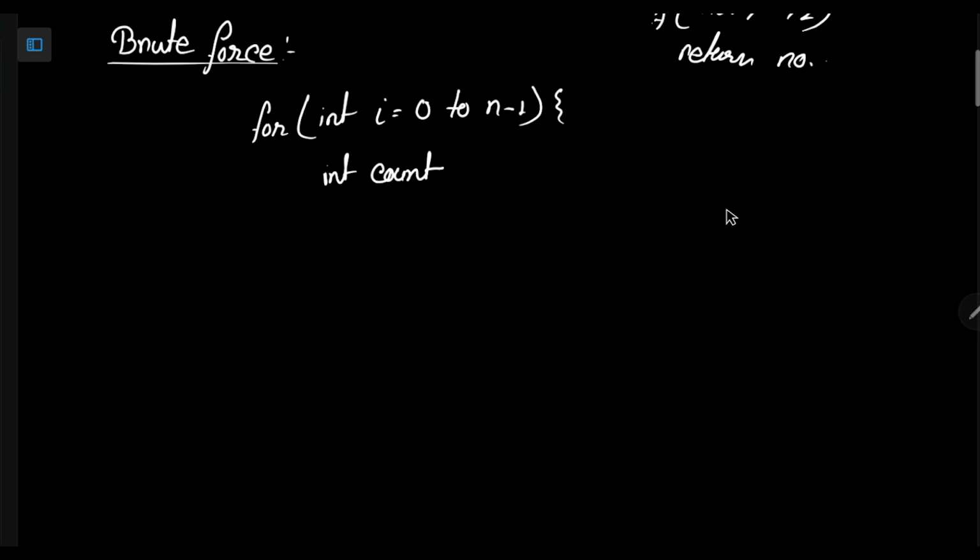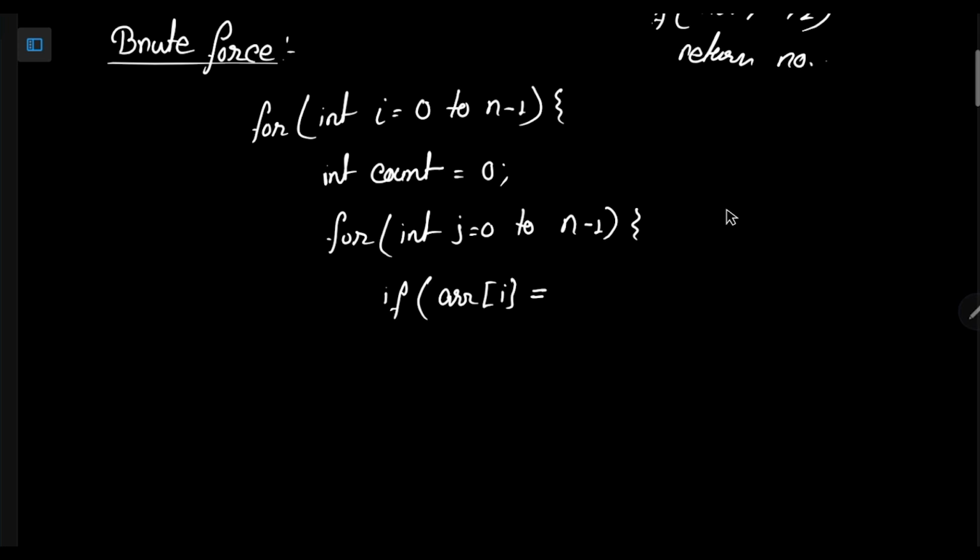This is a local scope and count will be 0, and another loop for int j equal to 0 to n minus 1, and then check if array of i is equal to array of j, then count plus plus.